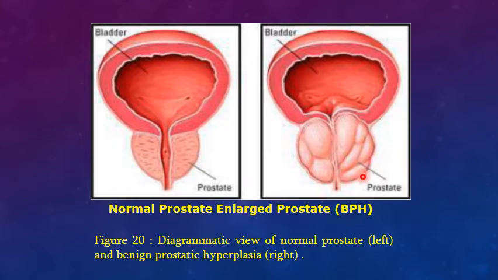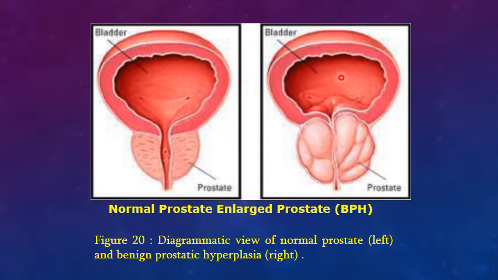From this picture, you can guess how the patient clinically presented to us when the patient has prostatic hyperplasia. You can see there is obstruction of the outflow of the urine from the urinary bladder, leading to retention of the urine.